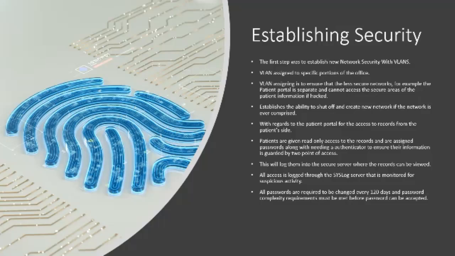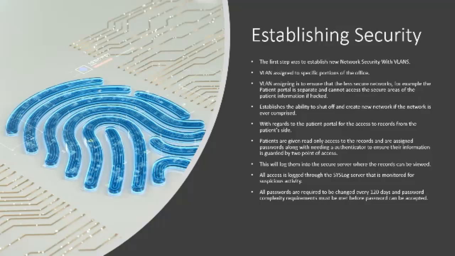It protects the patient records as well, because one VLAN cannot access another through means that are not authenticated or given privilege. Patients, on the other hand, are given only read-only access, and they must access it through the secure server. During this time, everything is being logged through the secure log. So there is periodic checking to make sure that everything is being followed, that the laws are being held in high regard.